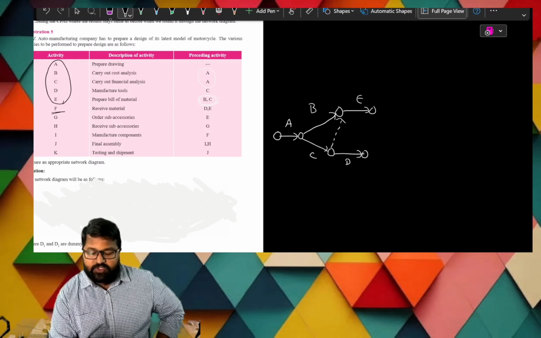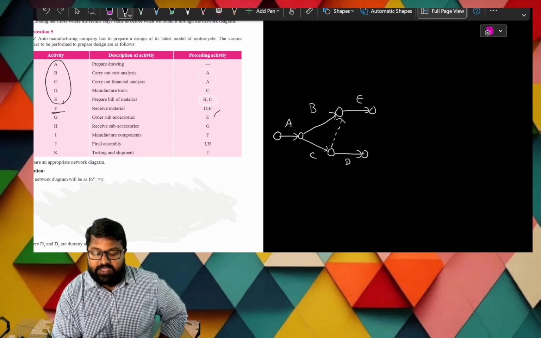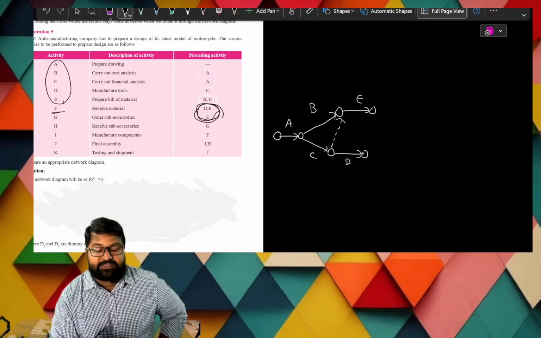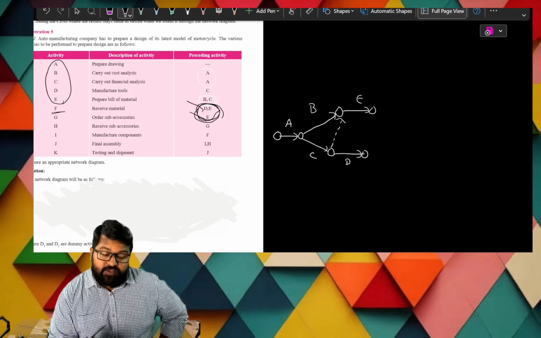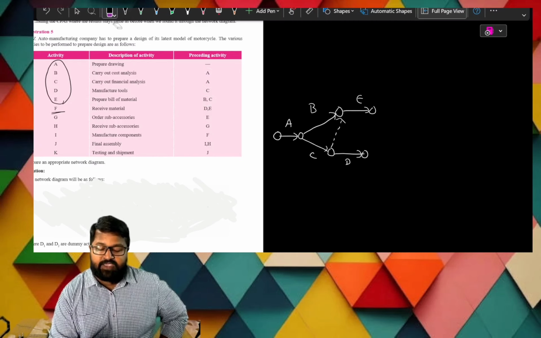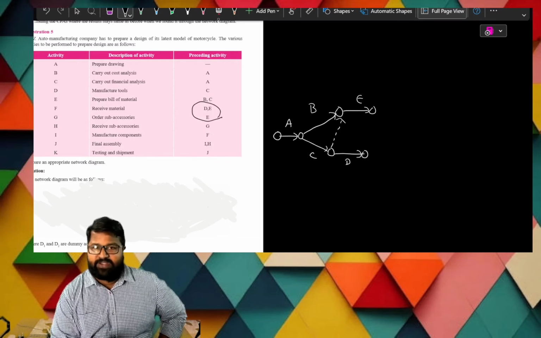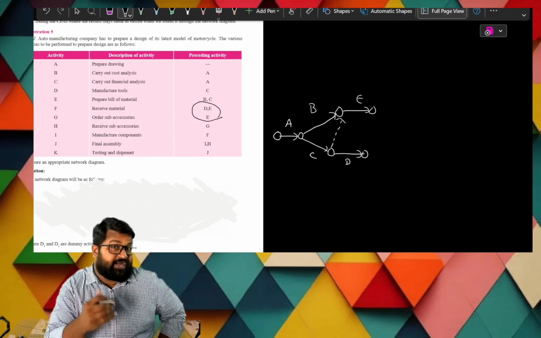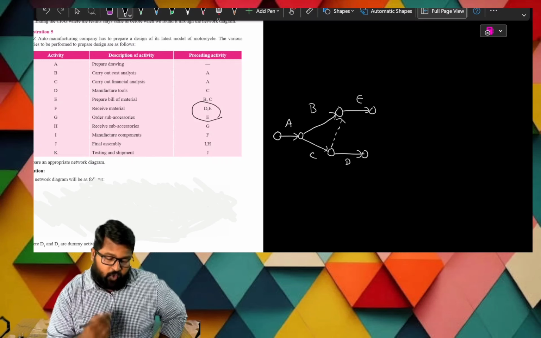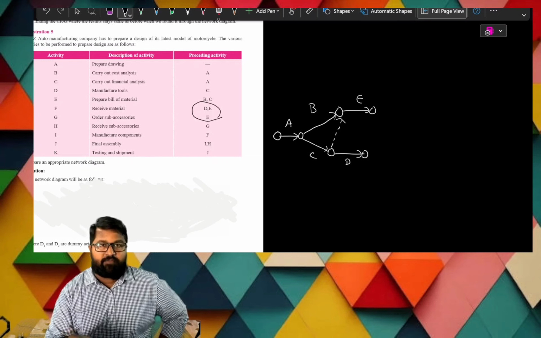And here the principle is that E is repeating twice, one individually and once in the other combination. So there is a chance for a dummy, and the dummy starts from E, because E is repeating twice and the hint we got is that the dummy will start from E. So we will start the dummy from E.